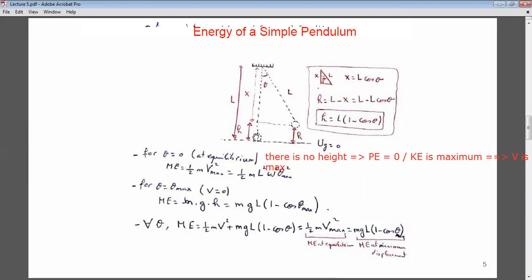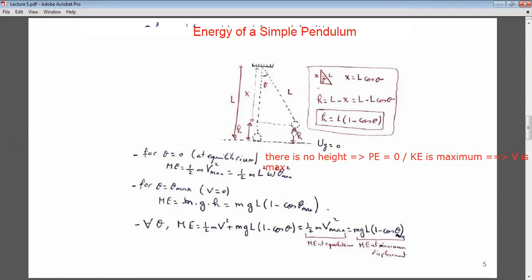Okay. Now, what happens at theta equal to theta maximum? At equilibrium, we got that the mechanical energy is half m v maximum squared. What happens at the maximum height? At the maximum height, that is when theta equals theta maximum, the mass is at rest. So V is equal to 0, but it is at an altitude h from the ground, so it has potential energy. And potential energy is nothing but mgh. Now I need to get this h.